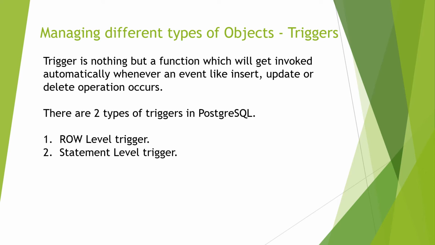One is the row level trigger, that means you can define the trigger for each row, and the second one is the statement level trigger. When you're processing a set of transactions, you can define it at statement level. As part of this demo I'm going to show how to create a trigger, how to drop a trigger, and listing of triggers.